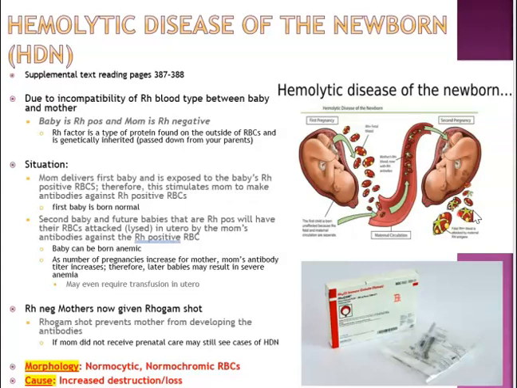To prevent that from happening, they're given this RhoGAM shot, because we don't want our mothers to make antibodies against Rh positive blood, because we don't want there to be problems for the second pregnancy and pregnancies after.